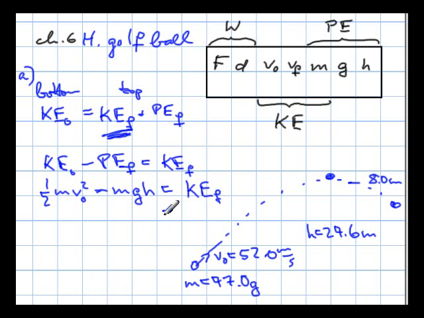And when I plug in numbers, I come up with 1/2 times 0.047 kilograms, because I have to have it in standard units, times 52 squared minus 0.047 kilograms times 9.8 meters per second squared times the height of 24.6 meters, and I come up with that the golf ball has an energy of 52.2 joules.